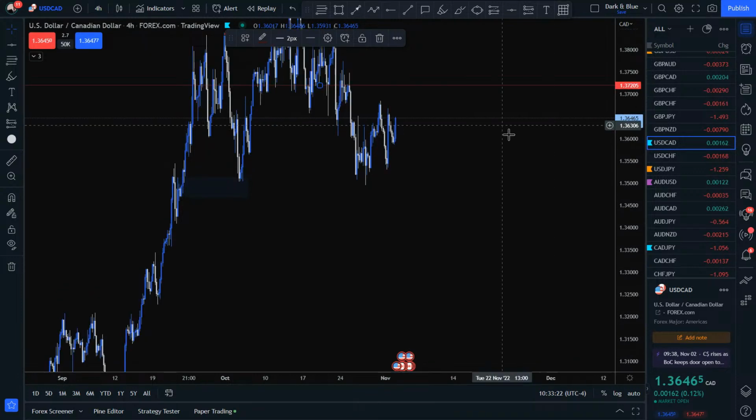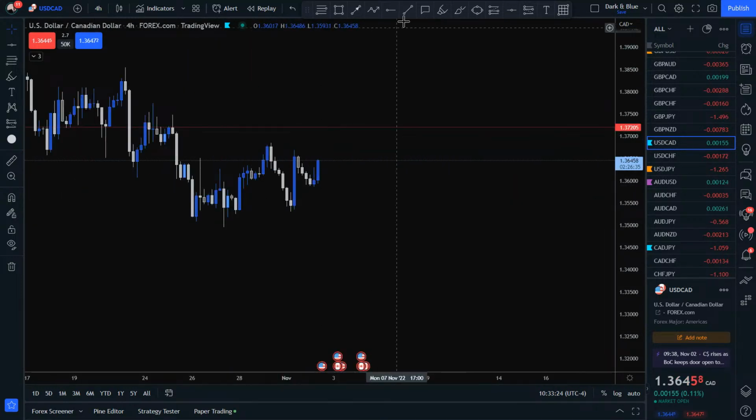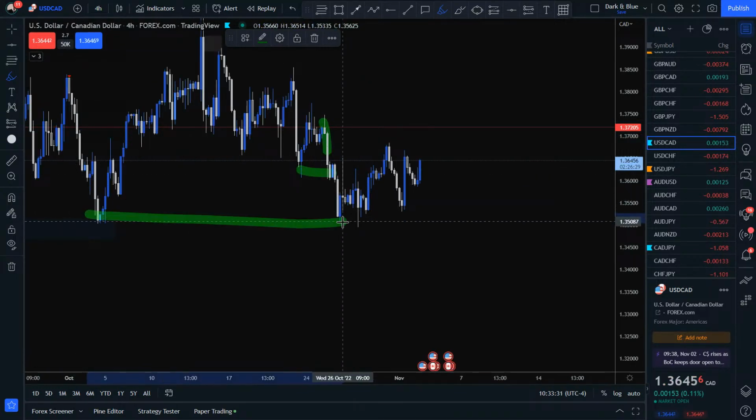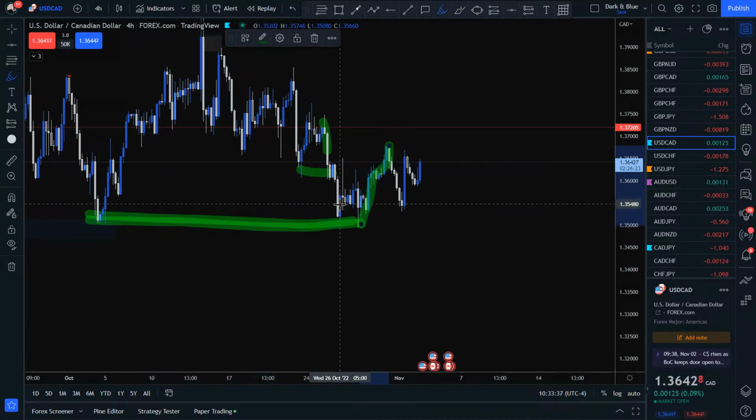I like it actually. You know why? Because I like the chances, because price was breaking structure here, here, but we didn't get a break and close below this low. And we had an internal bullish change of character.